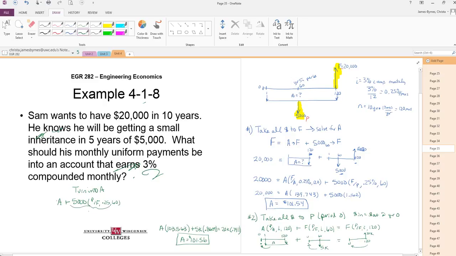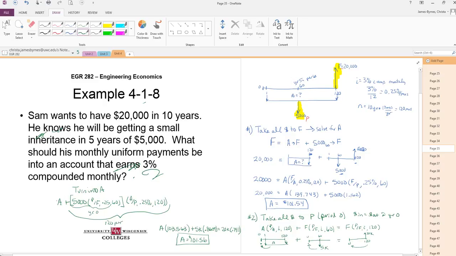Now it's sitting at year 0. Now I'm going to multiply that guy times find an A given a P, 0.25% for 120. Now what I've done is I spread this over 120 periods.